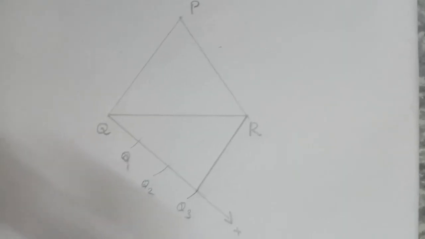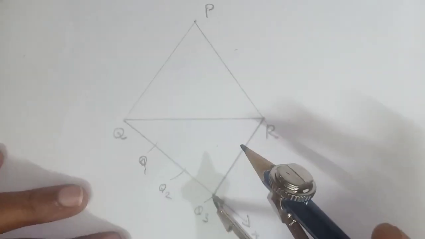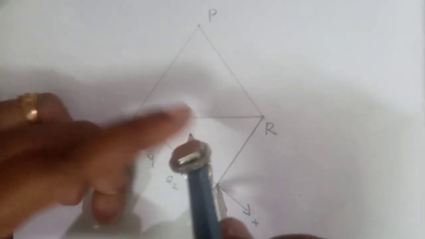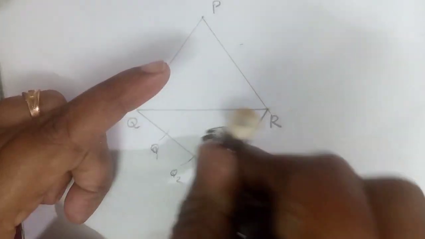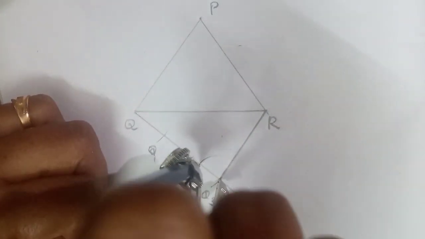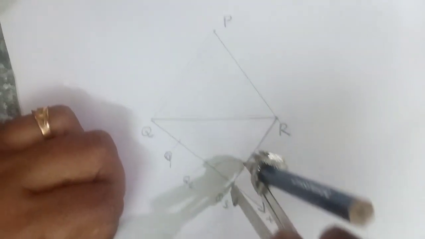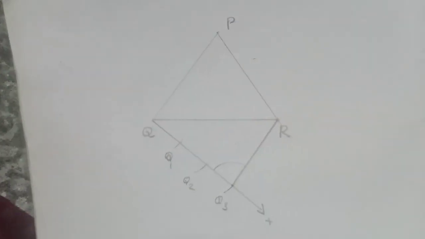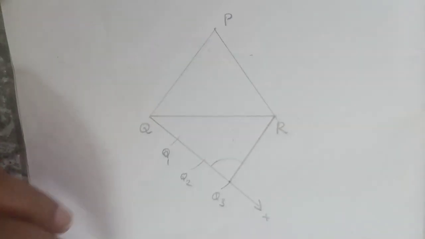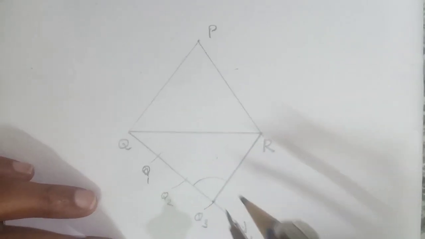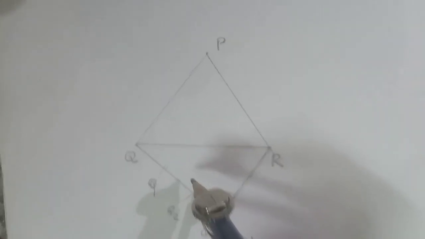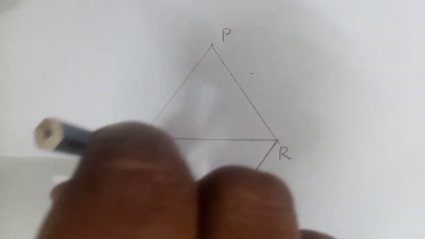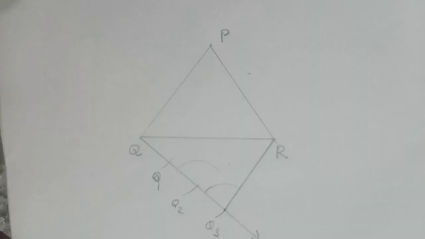Next, keep the compass on Q3 and draw one small arc. Then in the same measurement, keep the compass at Q2 and make another arc.